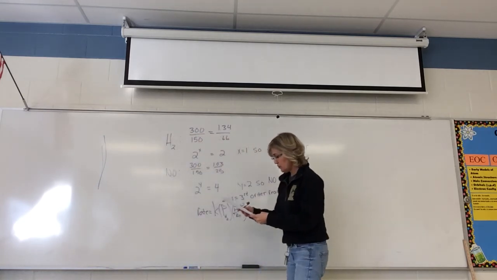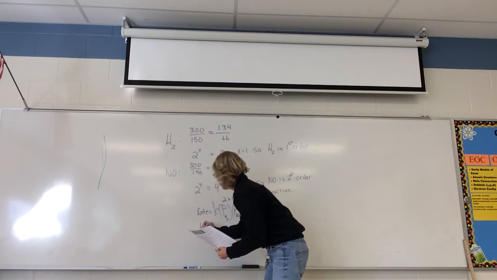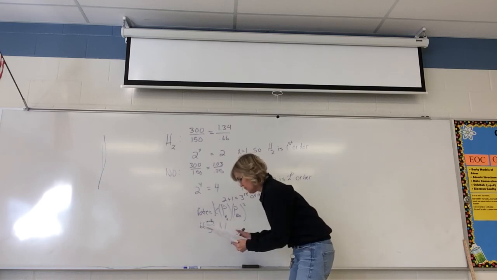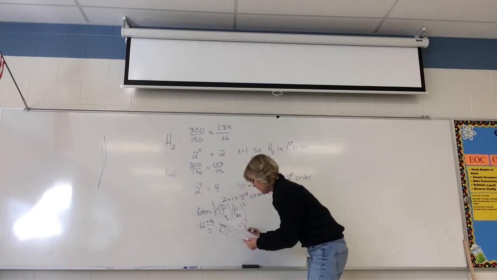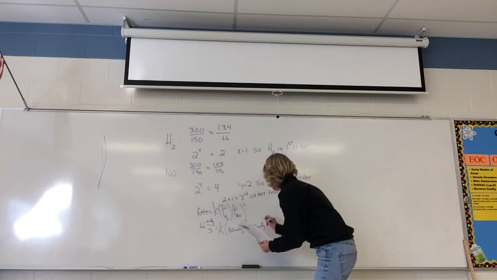I'm going to place in, the rate is 0.66 millimeters of mercury per second is equal to K times the partial pressure in the first experiment is 150 millimeters mercury times, for NO it's 400 millimeters of mercury squared.